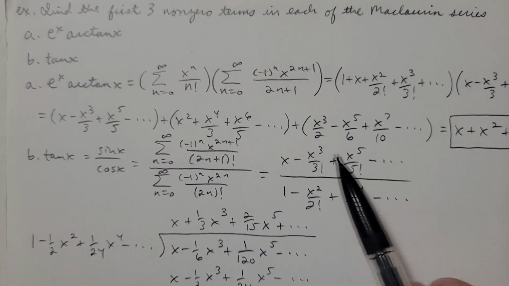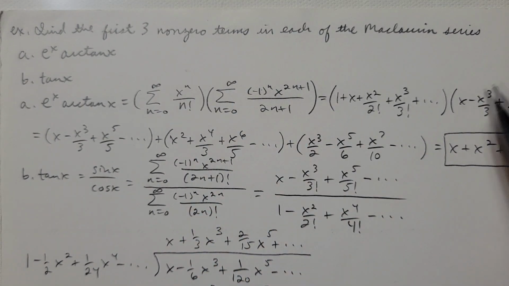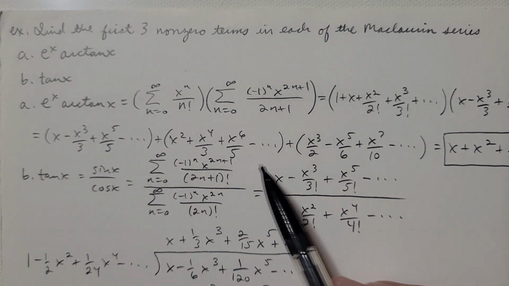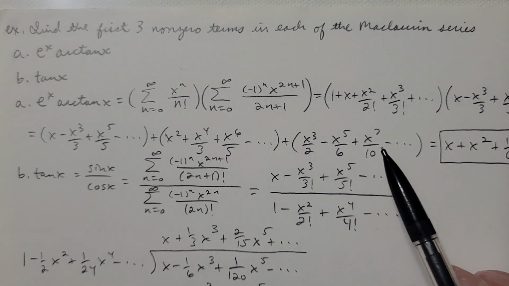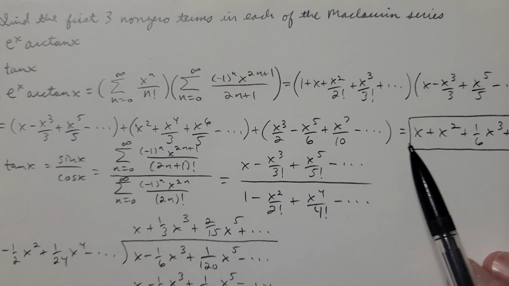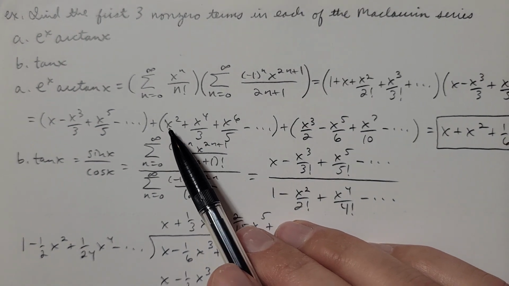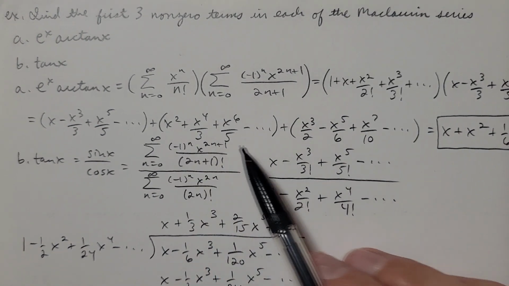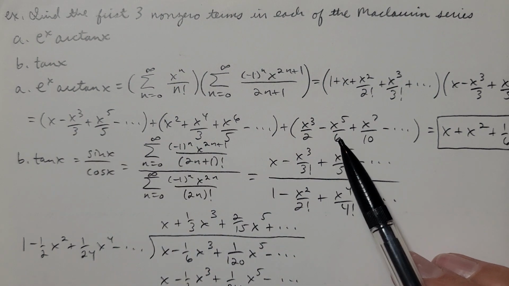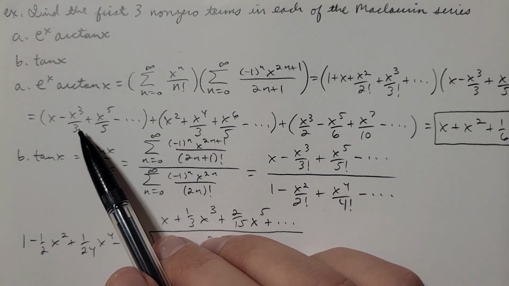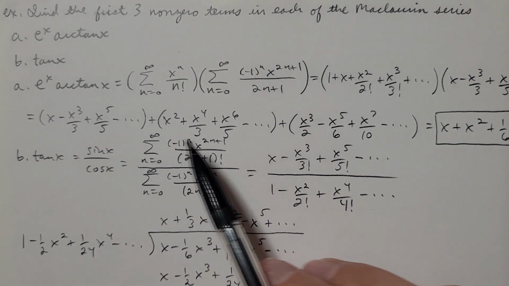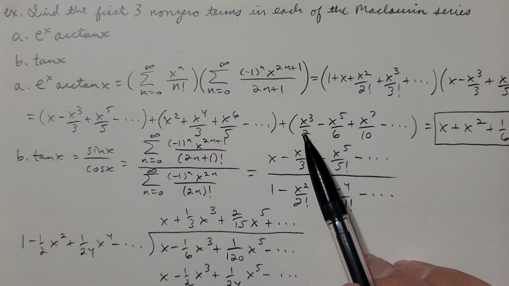Now, all I want to know is the first three non-zero terms. So what are the first three terms going to be? Well, I've got x, and I don't have any other terms just involving x, so x is going to be the first term. Plus x squared, and I don't have any other squared terms. And then here's a negative 1/3 x cubed plus 1/2 x cubed.